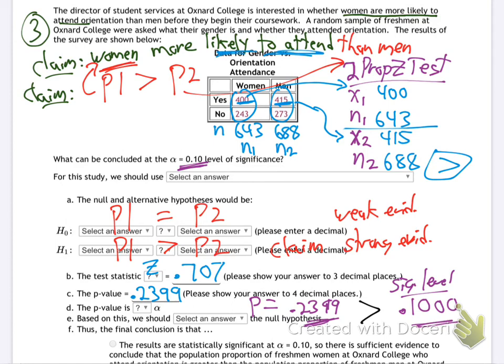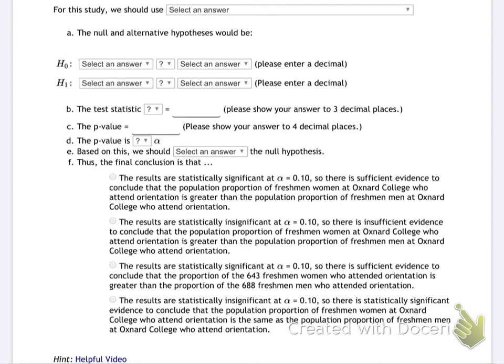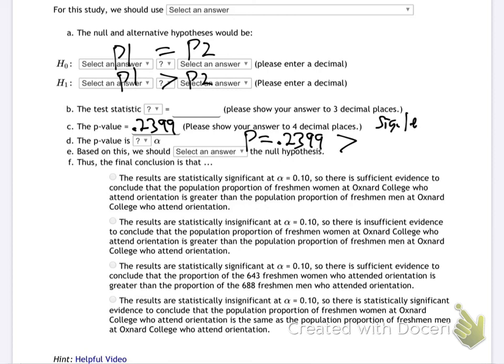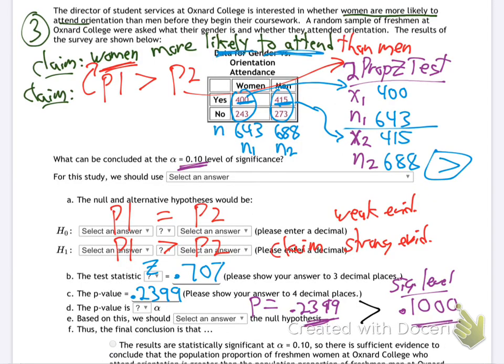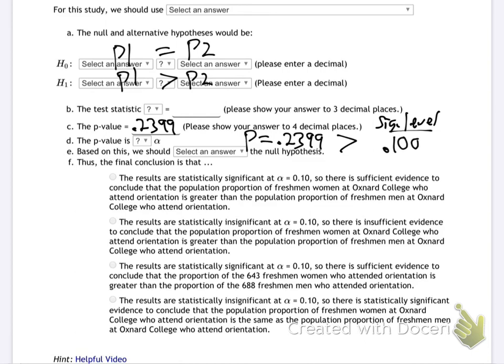So I think we have a fresh screen here. So I'll go back over here. So this is H0: P1 equals P2, H1: P1 greater than P2. We got a p-value of 0.2399, and the p-value, 0.2399, is greater than the significance level of 0.10.